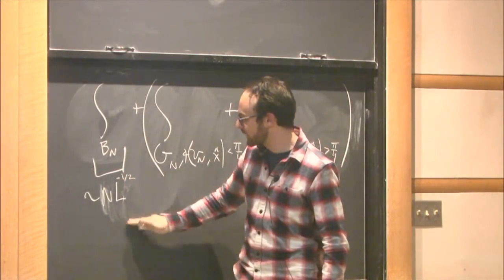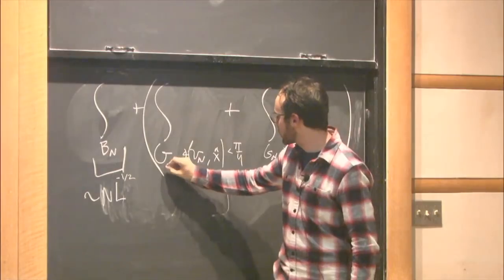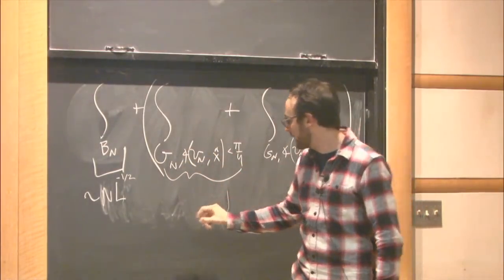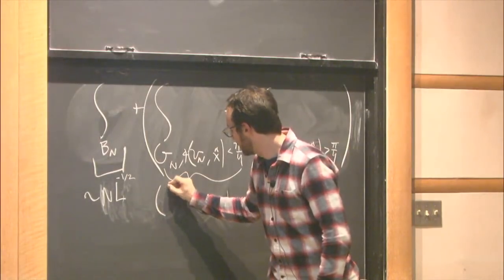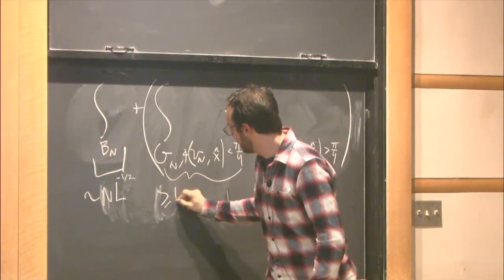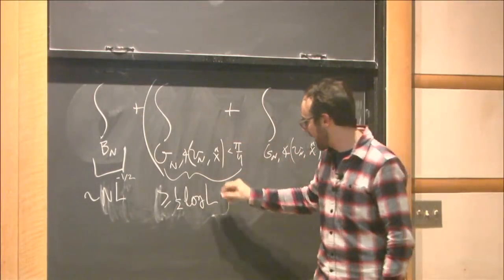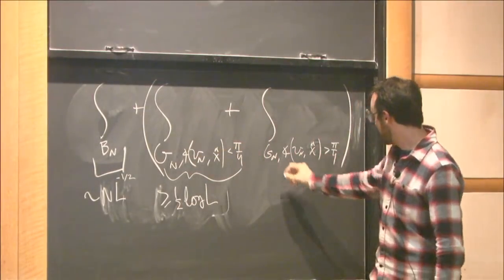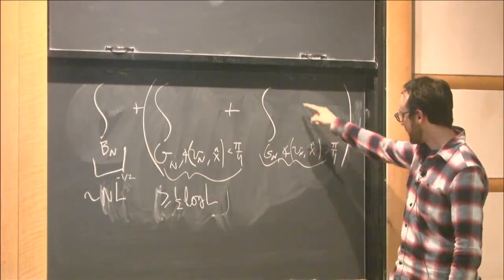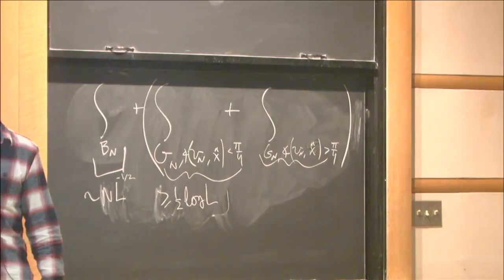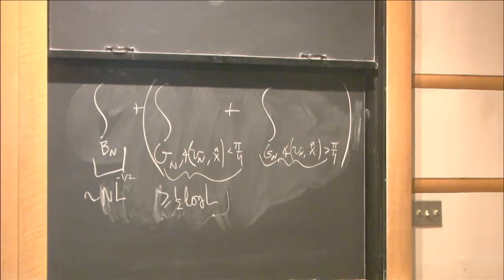This contribution is going to be the thing that gives me my log L, okay? Greater than a half log L, let's say, times whatever the m hat mass of this set is. And this, by this main lemma, is supposed to be made really small, okay? So that's where this estimate is coming from.